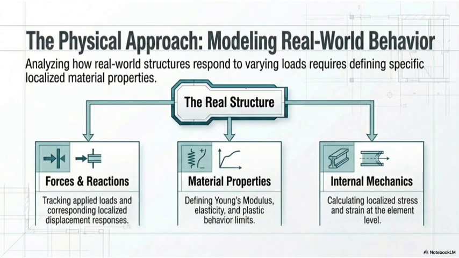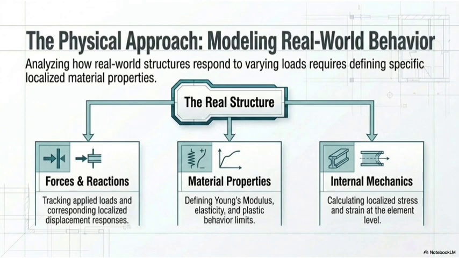Now the physical approach. In the third module as well as in the fourth module, we will follow the physical approach. The basic idea is that we will analyze the structure and find its unknown forces, unknown displacements, stress, strain, etc. as a real structural behavior. That means we are analyzing the structure with its real properties, finding what really happens to the structure.